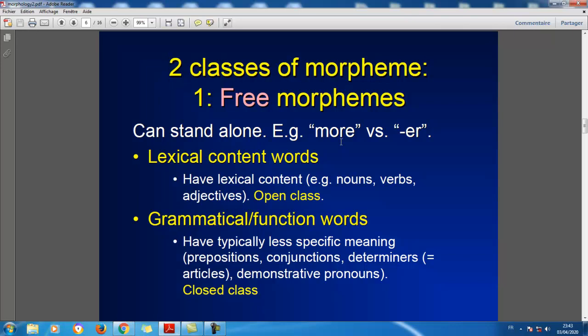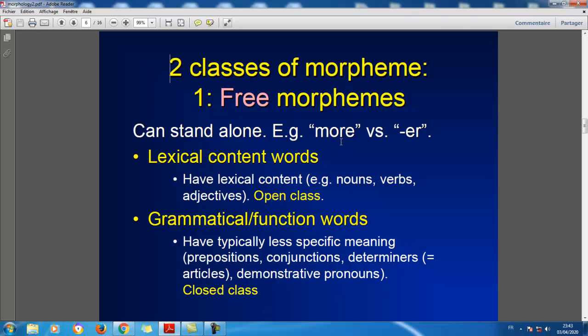Okay, but more can be used alone. It can stand all by itself. But er, it's impossible for it to be used alone. Therefore, it should always be attached to other words.